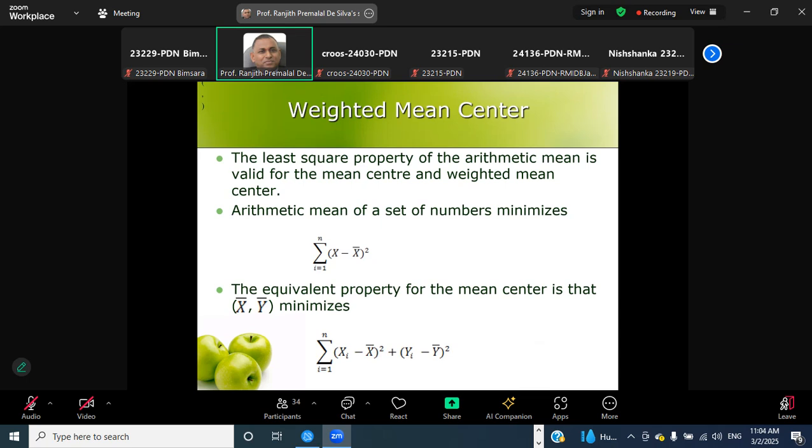That is, the squared deviation of each value of x from the mean, plus the squared deviation of y from the y mean, gives you the least square property. Is it clear? Any doubts about it?